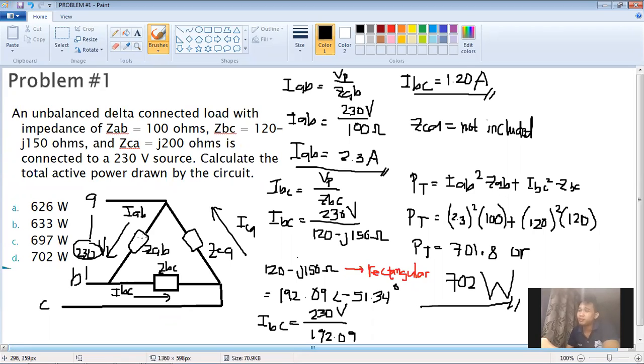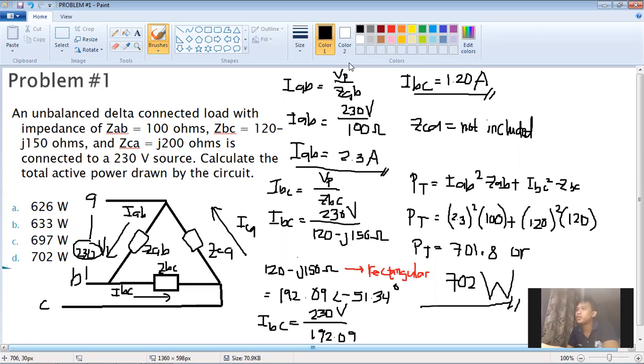ZAB is 100 ohms, ZBC is 120 minus j150 ohms, and ZCA is j200 ohms. To get the active power drawn, we will get the currents.